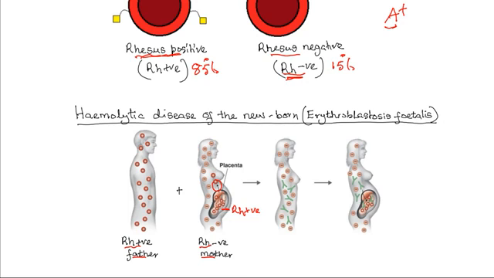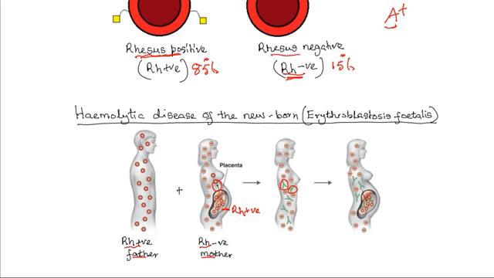The mother's immune system responds by producing Rhesus antibodies. So the Rhesus antibodies are produced in response to the presence of the Rhesus positive red blood cells.